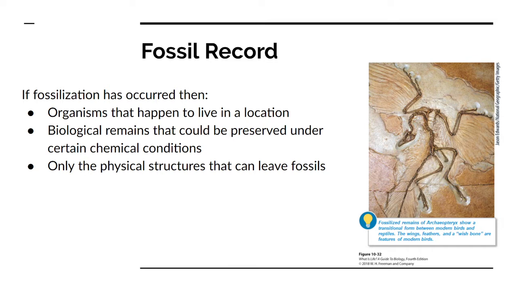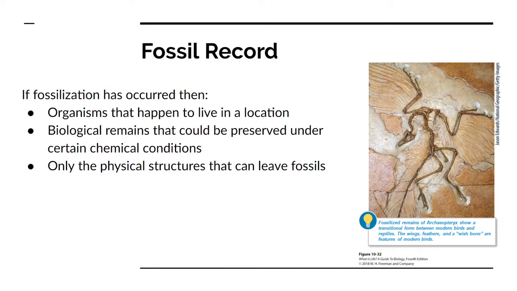It's also important to remember that we need very specific conditions for this to occur. Generally, we need loose sediment. A lot of times this is going to be around bodies of water, so river systems, oceans, lake beds, where the sediment is soft enough to trap the body of an organism without having scavengers come and disrupt the body.